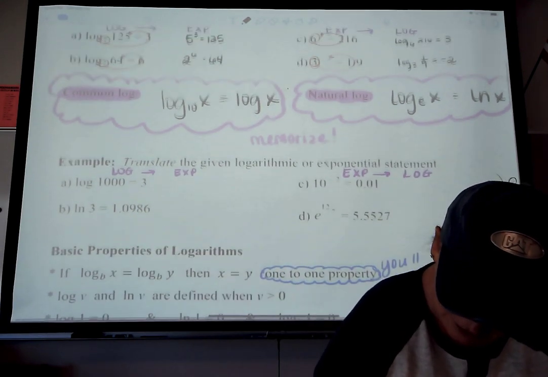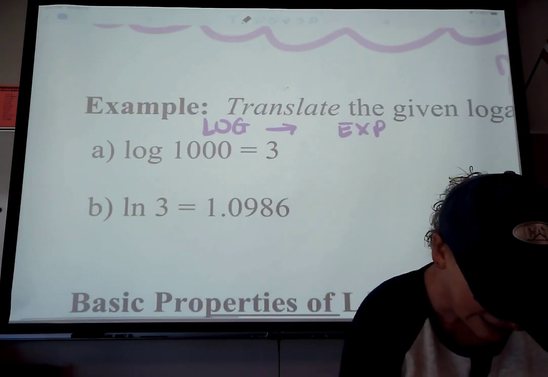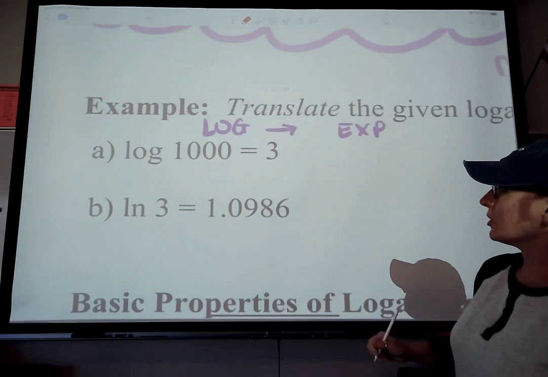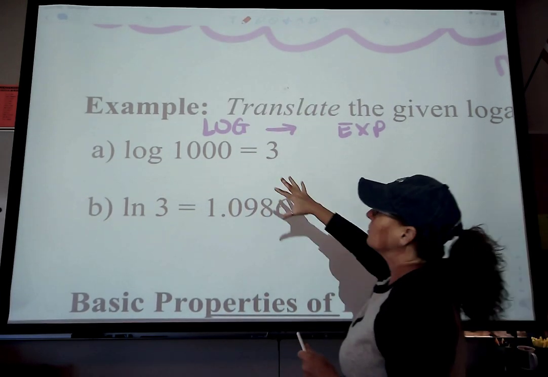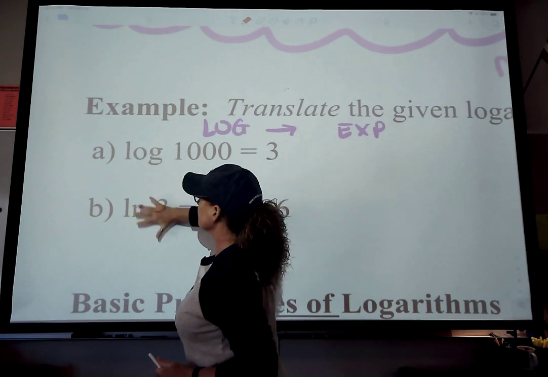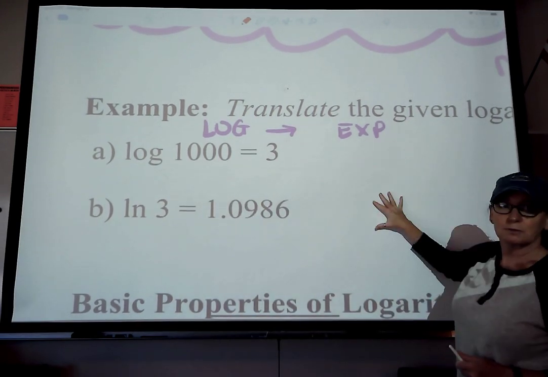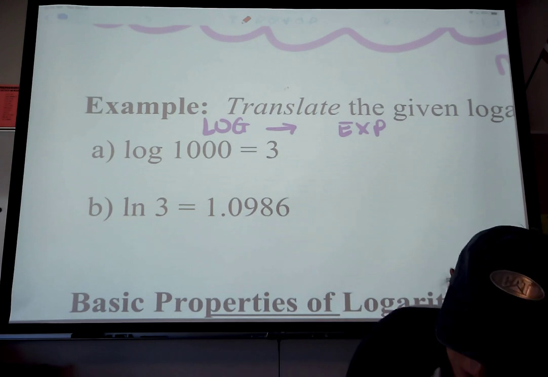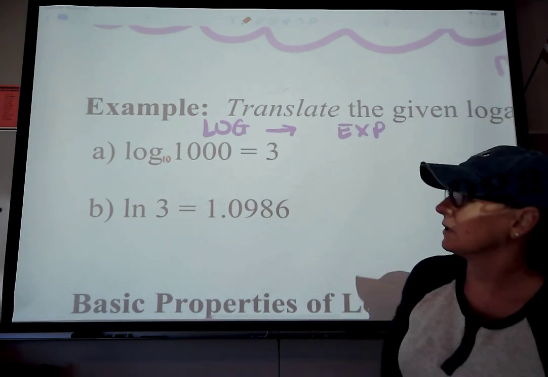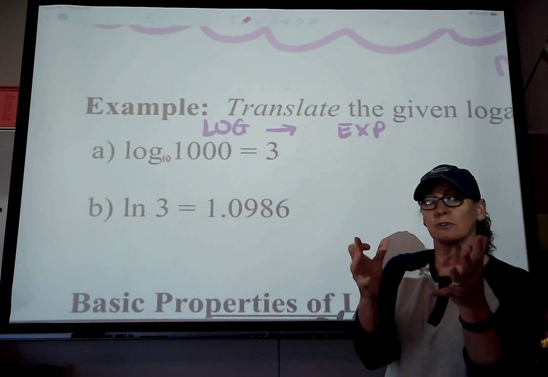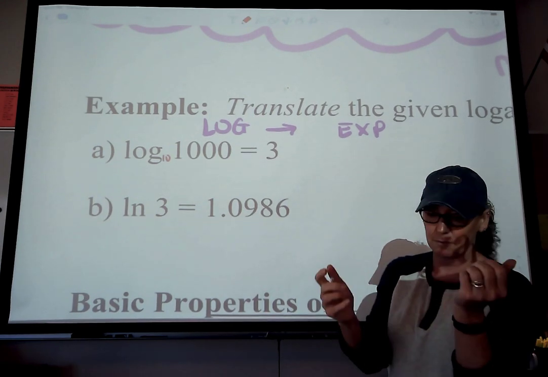Let's practice a little bit with common logs and natural logs. So it says translate. Currently I'm recognizing, hey, these are in logarithm notation. Let's change modes to exponent notation. I don't have to write it, but I want to write it so you'll recognize that was the common log.